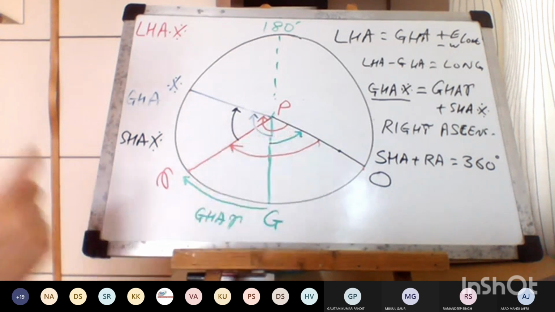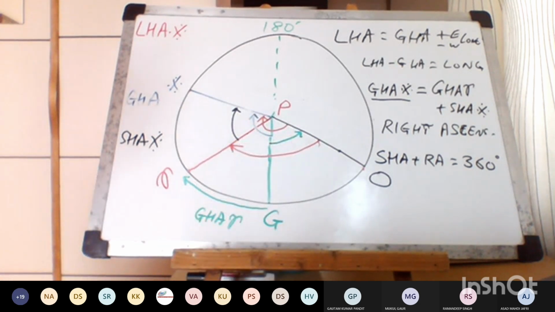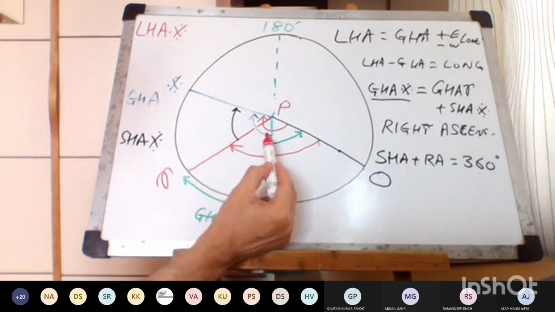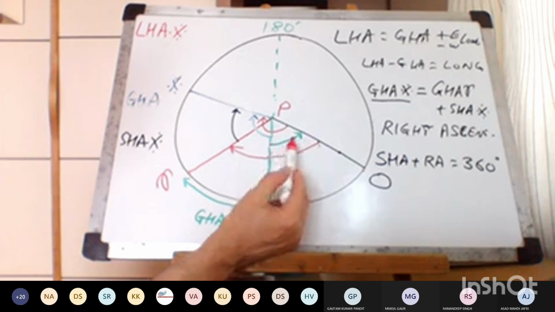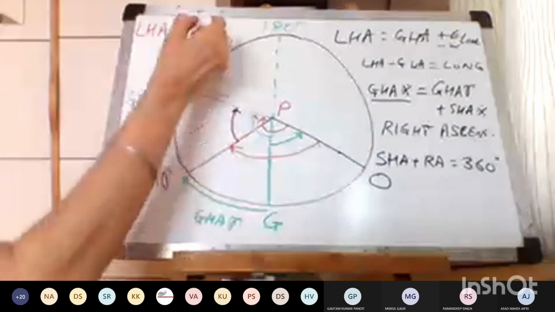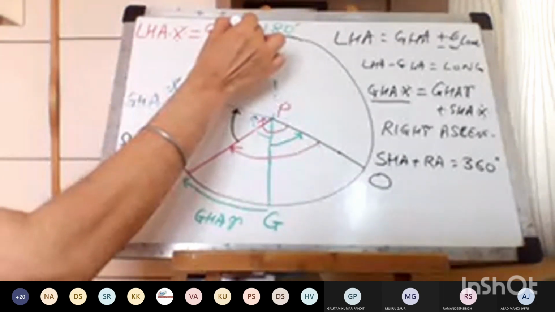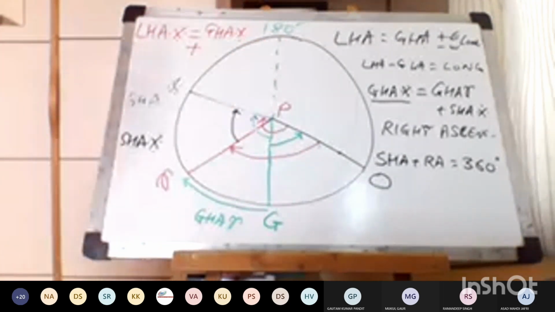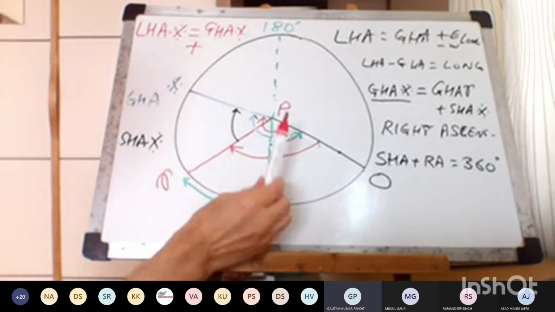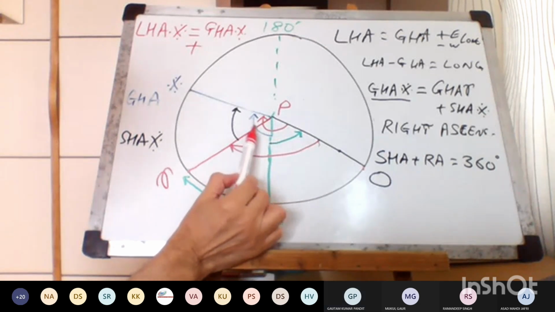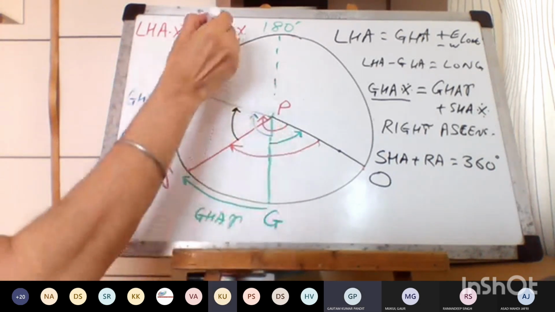LHA star is equal to GHA star plus, anyone? Longitude. LHA star, this red angle, is equal to GHA star plus east longitude.